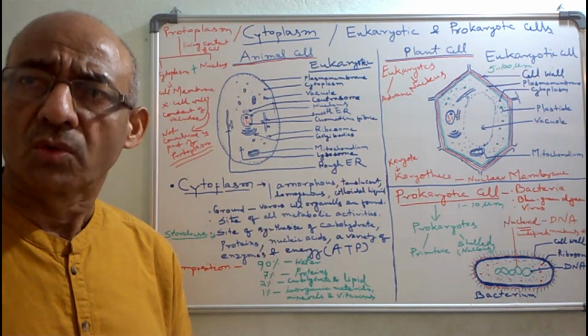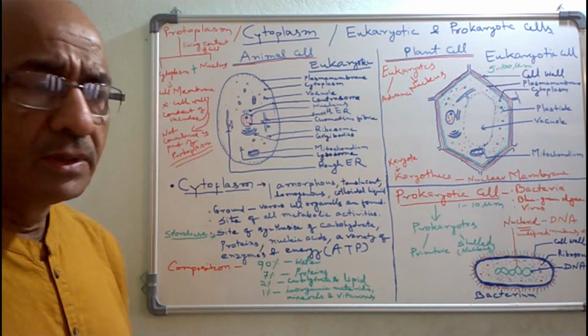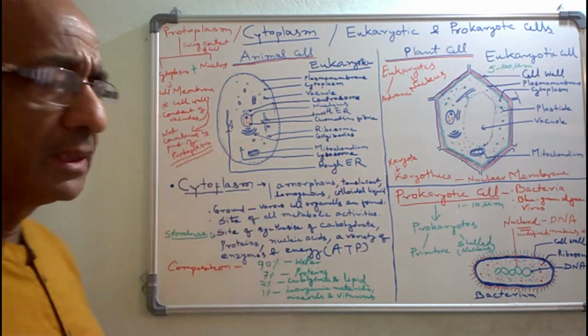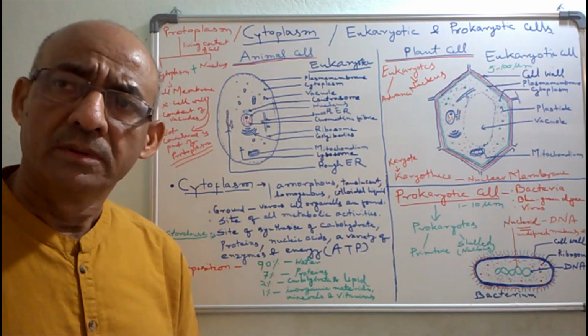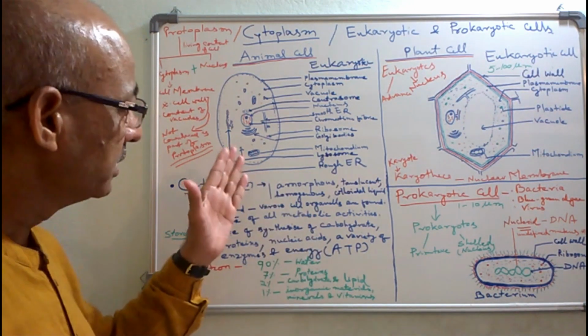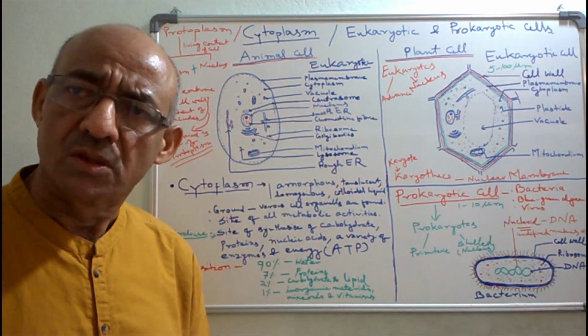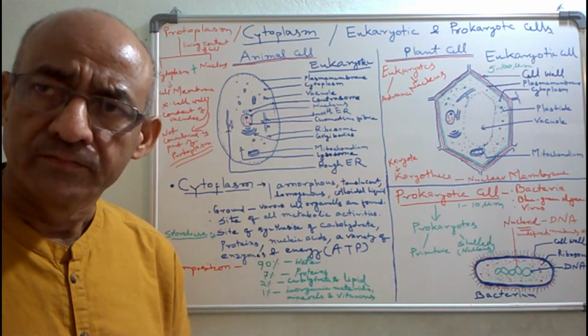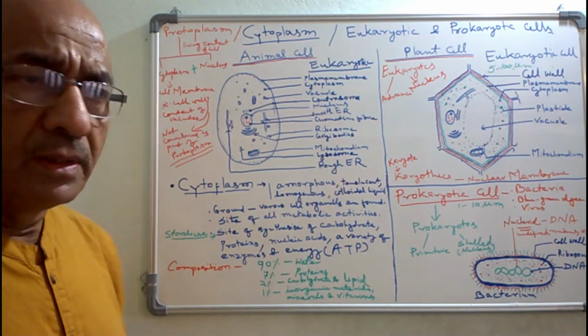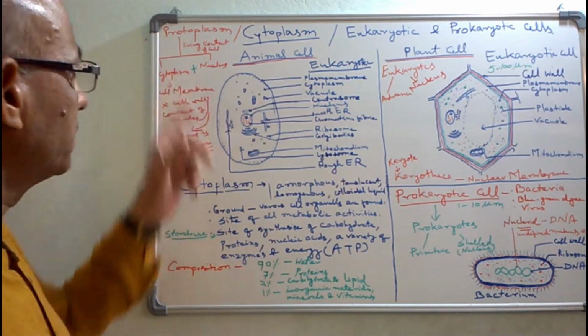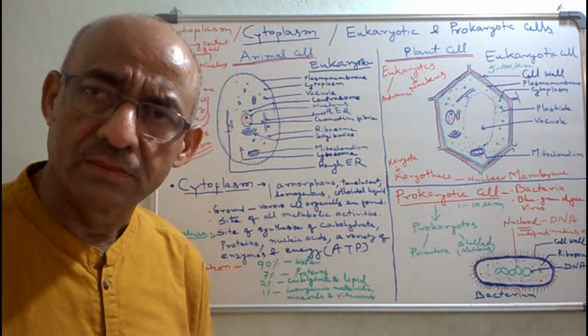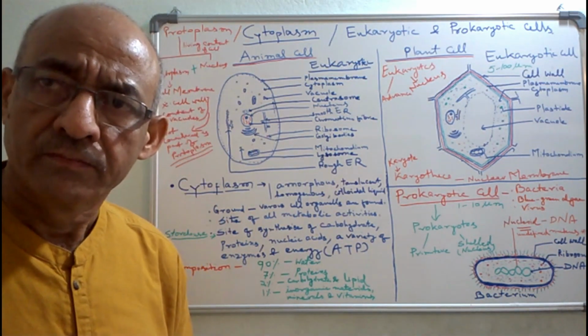Now we will understand the protoplasm. What is called protoplasm? The protoplasm is the living material which is found inside the cells of all the organisms. Actually, it consists of cytoplasm and nucleus.